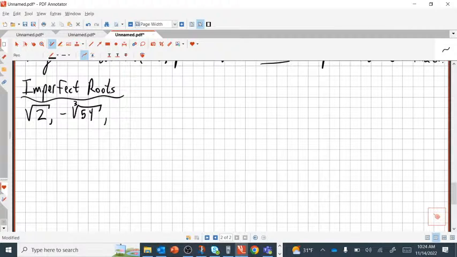Reduced roots as well. 3/8 roots of 10. That would also be irrational. Any imperfect roots are irrational. And you can prove it because of the way that Hippasus did it, right? What Hippasus would do if they said, hey, prove that's irrational, he'd say, okay, so that number is equal to a over b, you cube it, it's a reduced fraction, so negative 54 equals a to the third over b to the third.